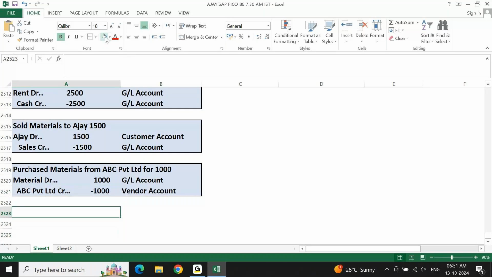Let me put, purchased, let's say, Honda City car from Hyderabad Motors for 3000.